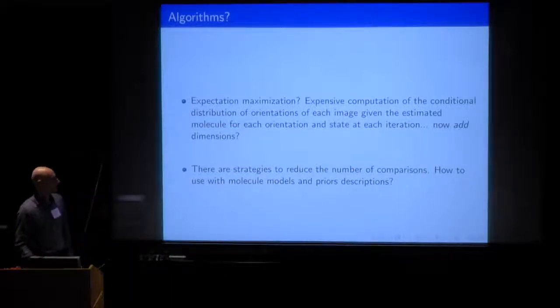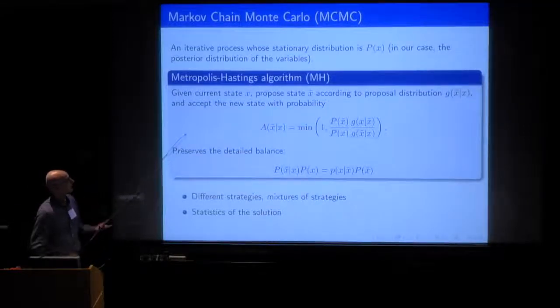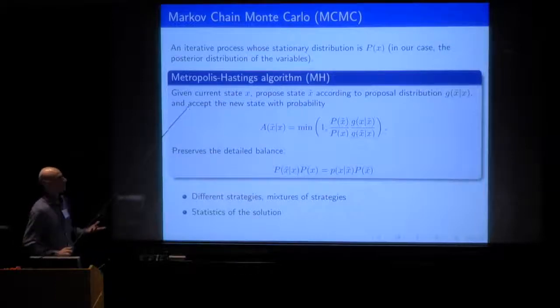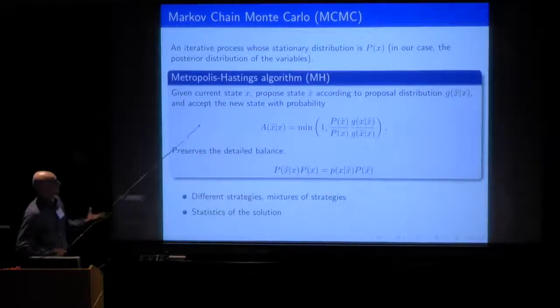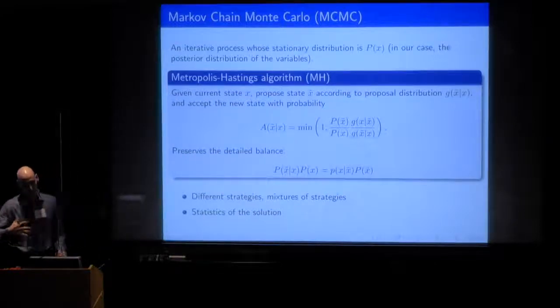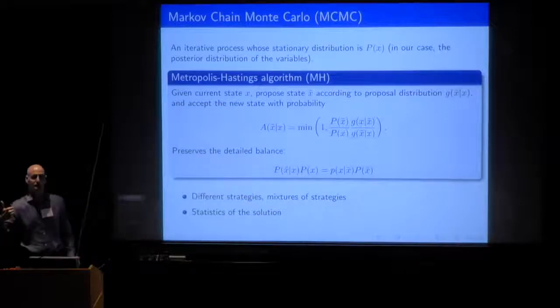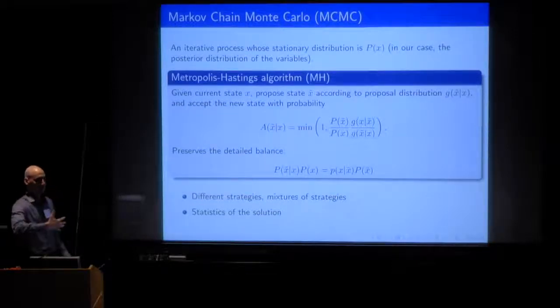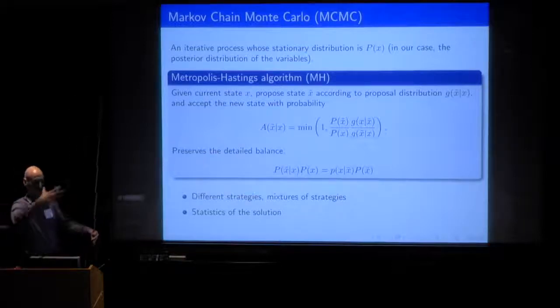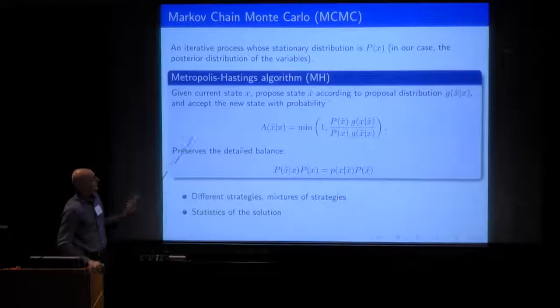So a direction we're looking at, for several reasons, is Markov chain Monte Carlo. What Monte Carlo does, where it works well, is you have your posterior distribution and you try to sample from it. In our case, it means sampling these hypervolumes, describing an object with all of its heterogeneity.